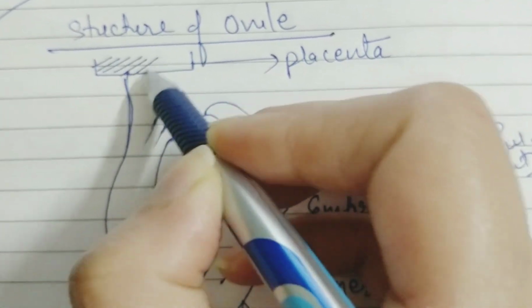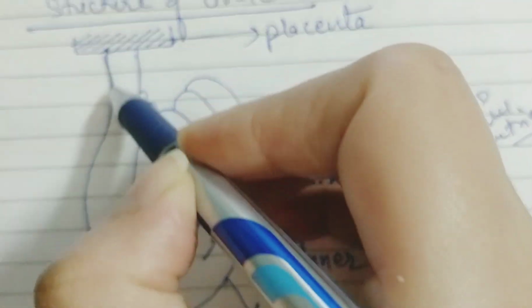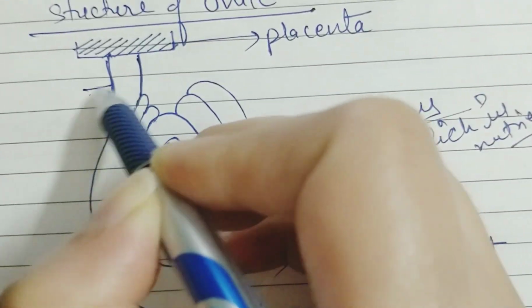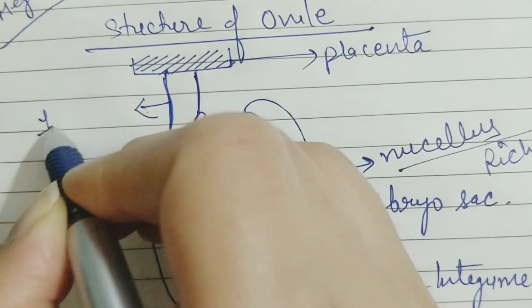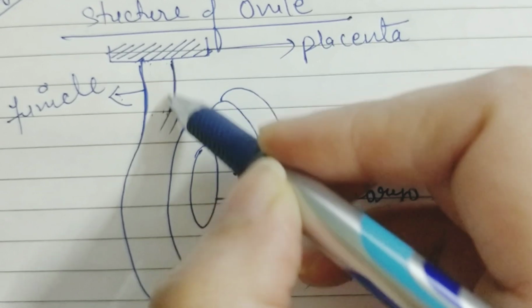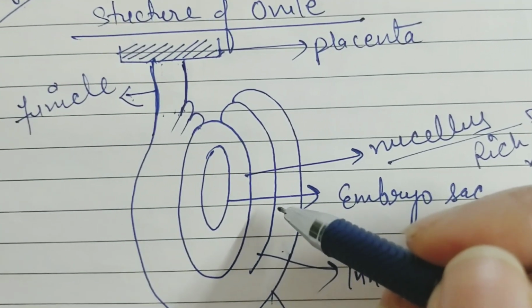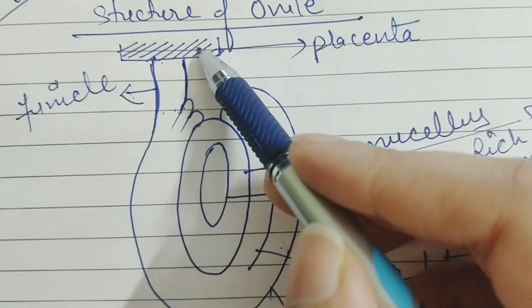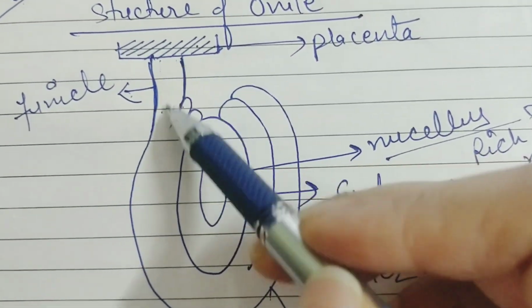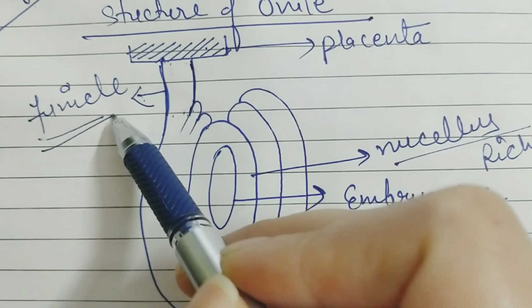This stalk is called the funicle. So the ovule is a small structure which is attached to the placenta through this stalk, and this stalk is known as the funicle.